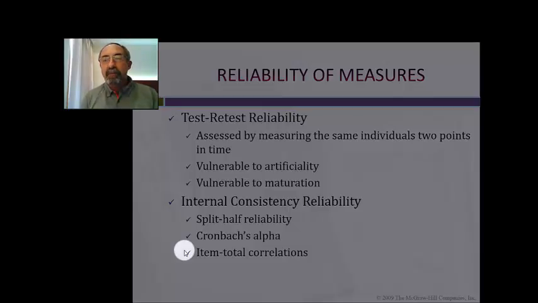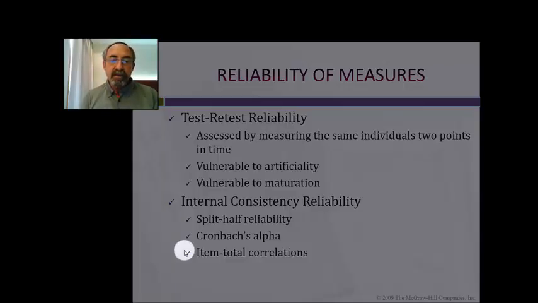Artificiality meaning, if I'm testing somebody and they know that they're supposed to be doing better the second time, they may put a little bit more effort into it. And it's also vulnerable to maturation. If the time frame between the first run and the second measurement is 25 or 30 years, the participant is probably going to be a little bit older and maybe quite a bit slower. So you have to be aware of that.